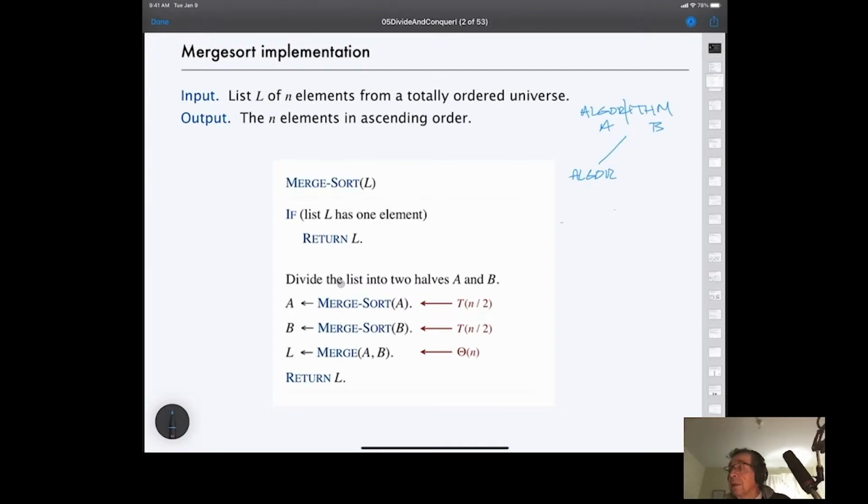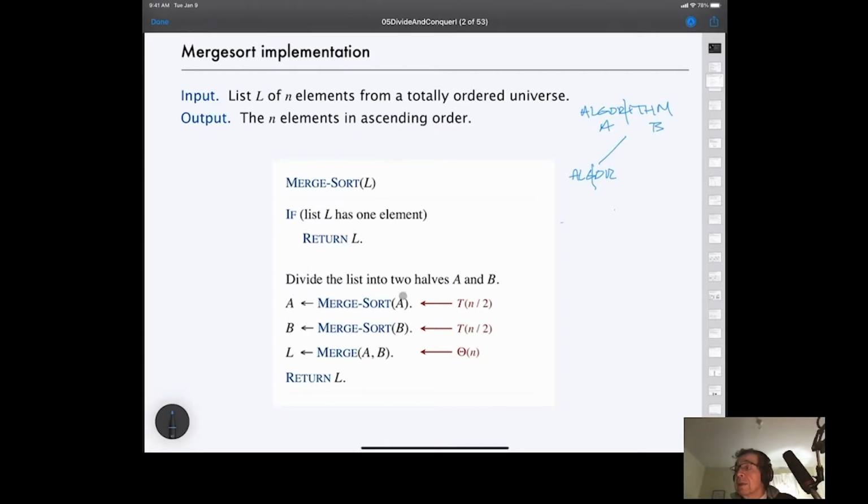And then this list would have two halves, let's say ALG and OR. In this case, we do not have an even number of elements in that file, but we have an odd number. But the division can be done in a way that the difference between those two halves is at most 1.